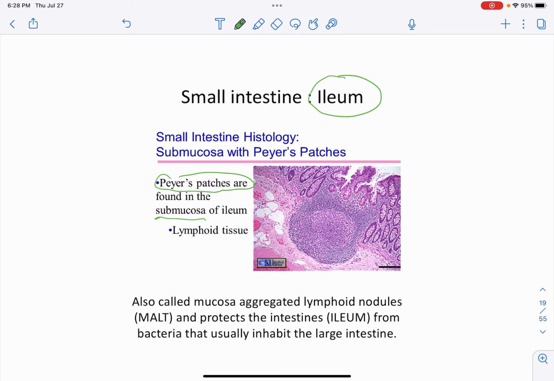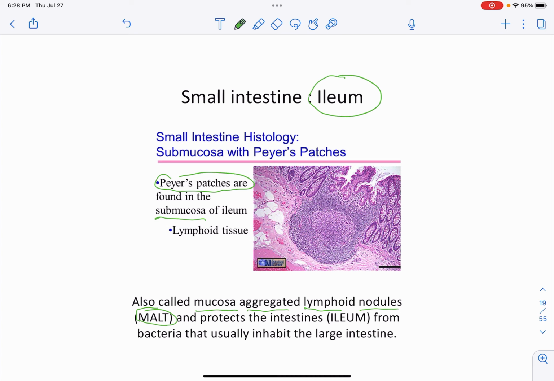Another term for these Peyer's patches, a more scientific term, is mucosa-associated lymphoid nodules. And we talked about lymphoid tissues in the lymphatic system, right? This has to do with the immune system and is going to help us mount a response if anything enters that tissue. So this long term that I just told you is abbreviated MALT.